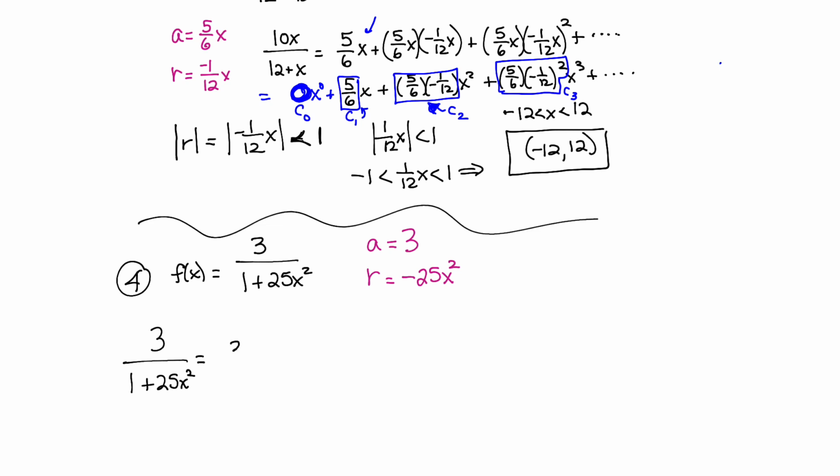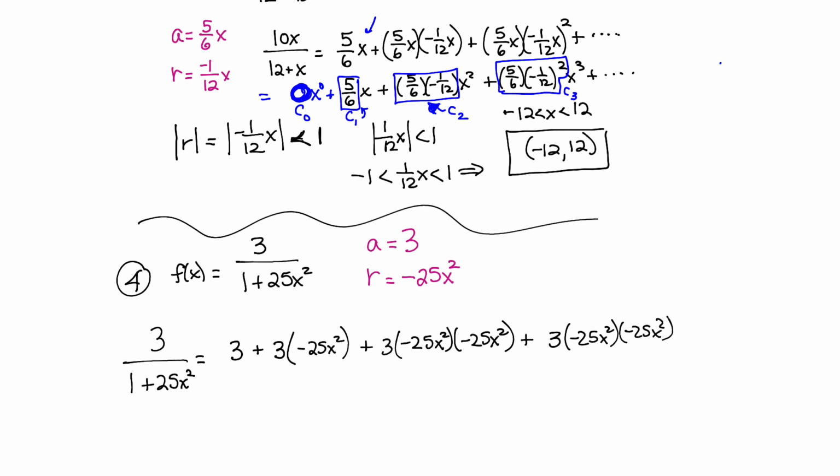So it starts with a, and then it gets a times r. And then it gets a times r times r. And then it's a times r times r times r.